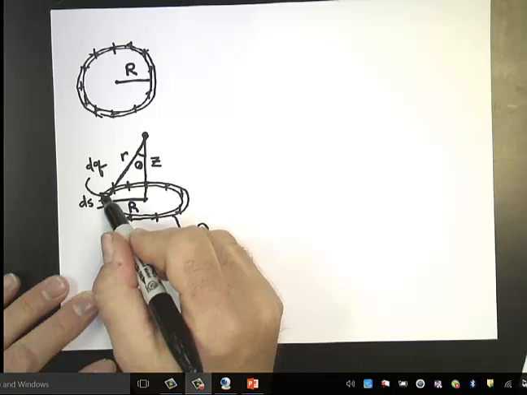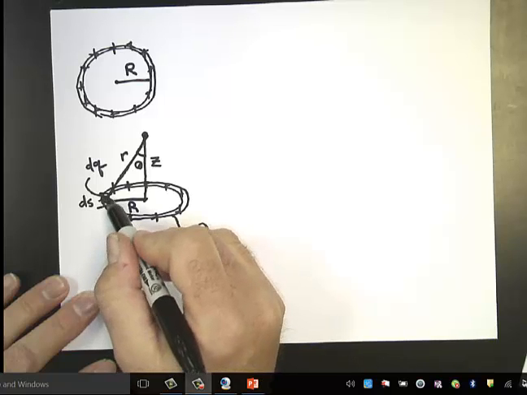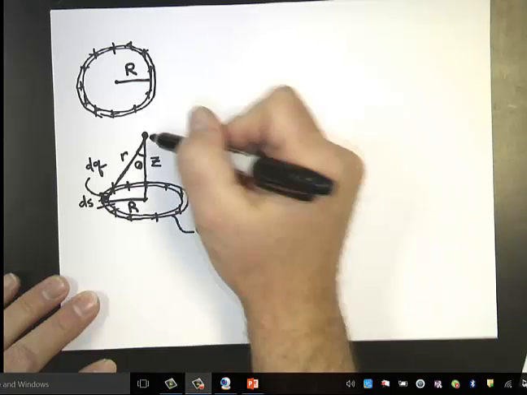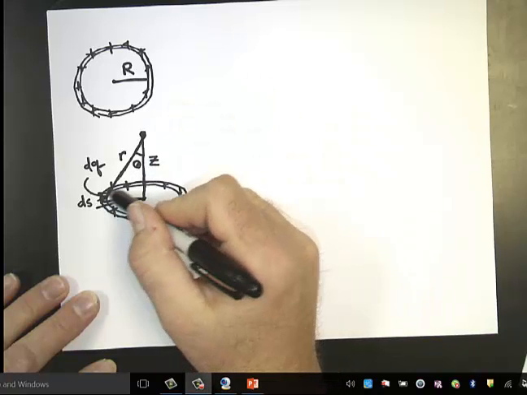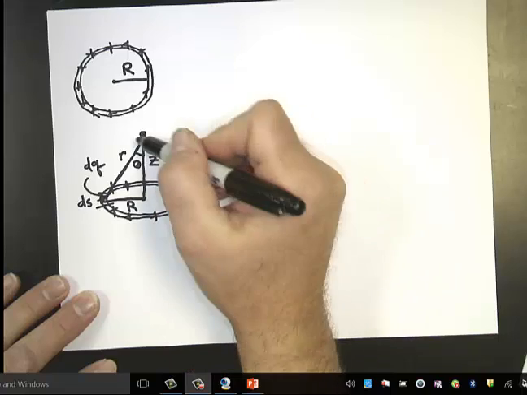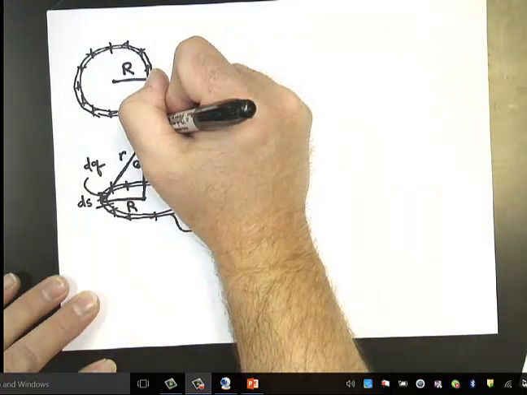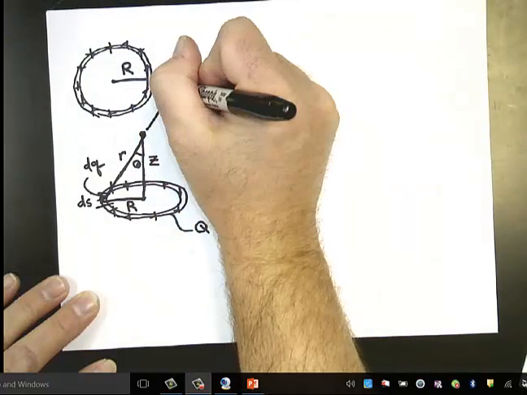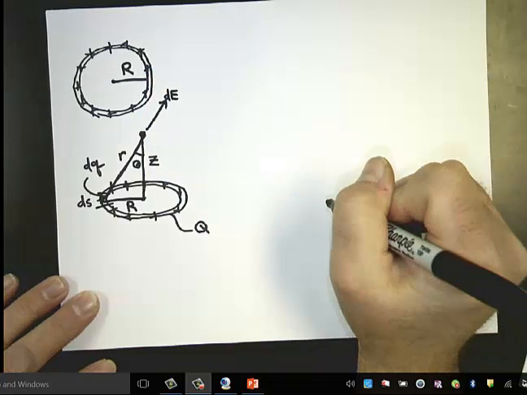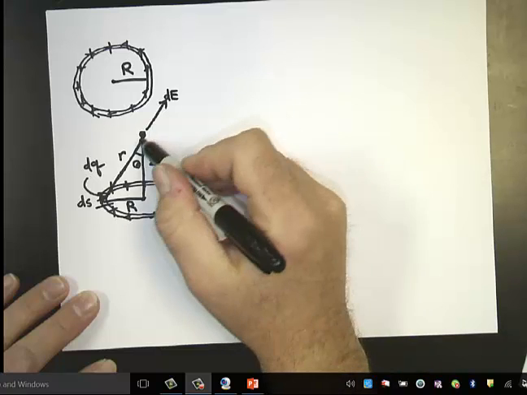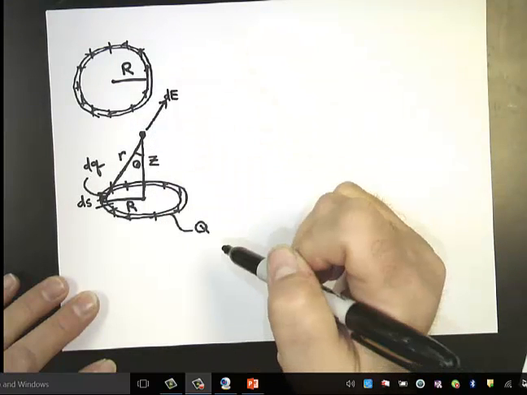What we're going to do is figure out the effect of this little bit of charge on that point. So this little tiny bit of charge, not the entire ring, just him at that point, is going to create an E field in that direction. Call it dE because it's one portion of the entire field.